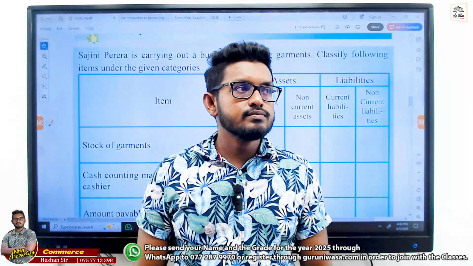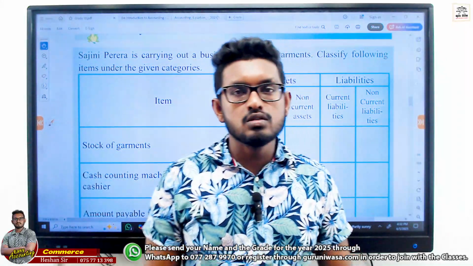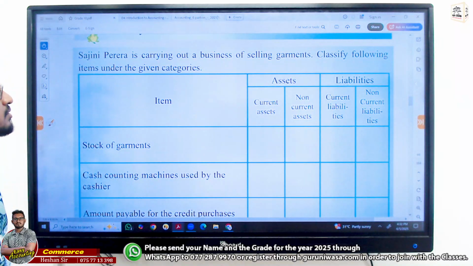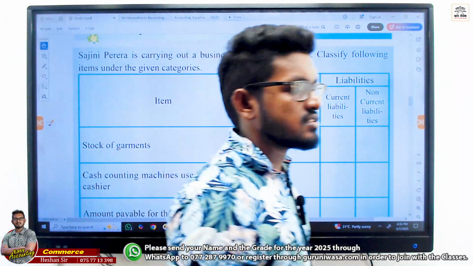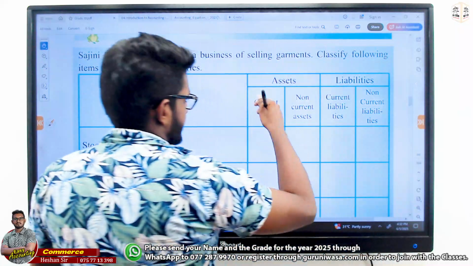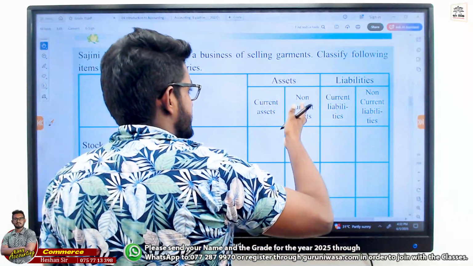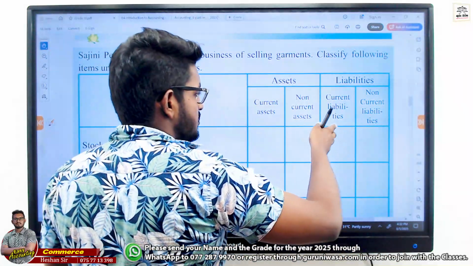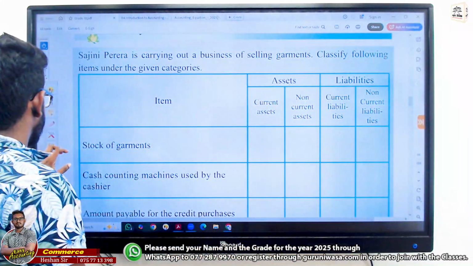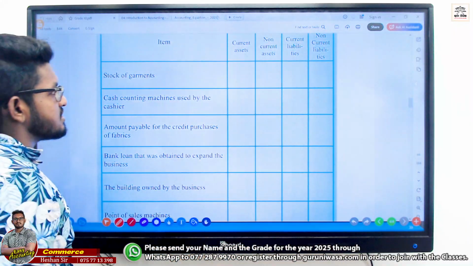Ready-made clothes. These are the stocks. Classify the following items under the given categories. You need to classify them whether it is an asset or a liability.